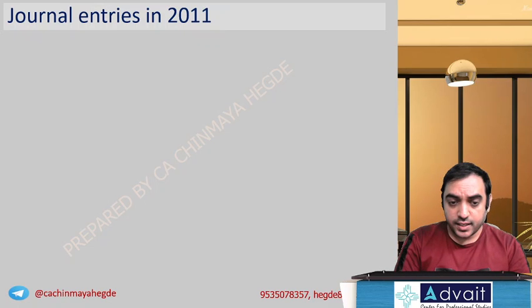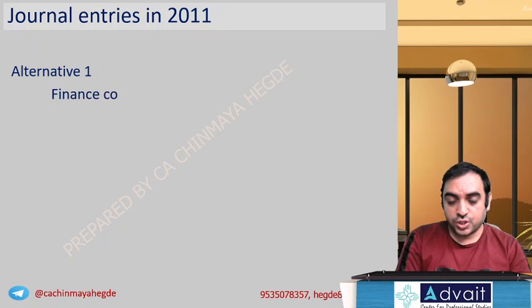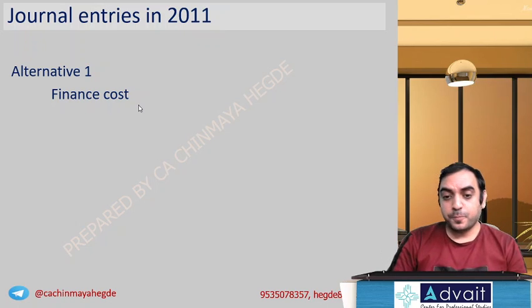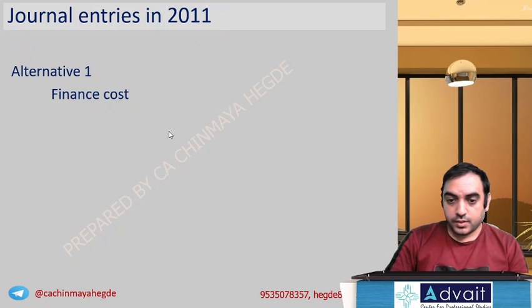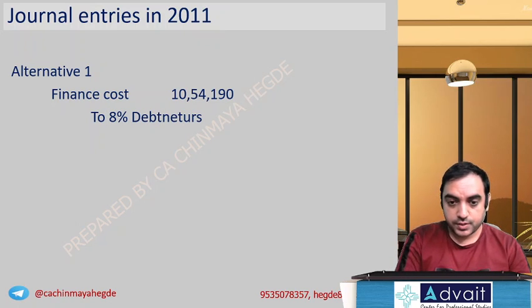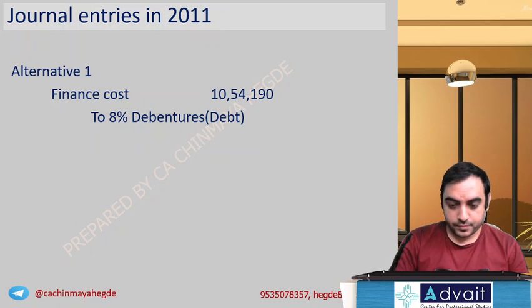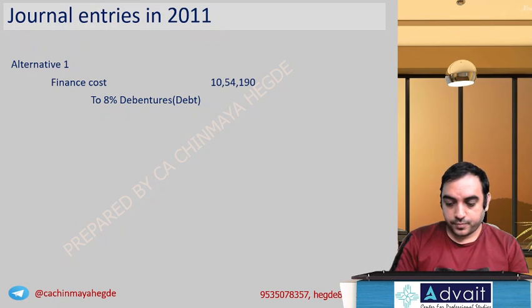Two alternatives are there. Alternative 1: you can pass finance cost account debit, and write this journal entry down: 10,54,190, that is 12%, to 8% debentures (debt) 10,54,190.